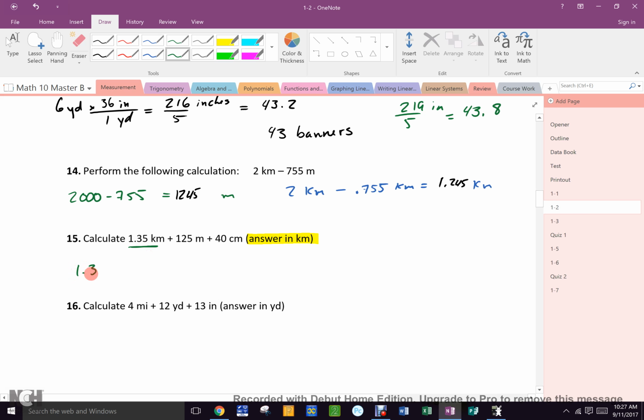I have my 1.35 kms. But is this guy okay? No, but I know meters to kilometers is 1,000 because that's on my chart, right? So it's 3 steps, right? So what is that as a kilometer? 0.125. Now, where's the problem? Right here, right?